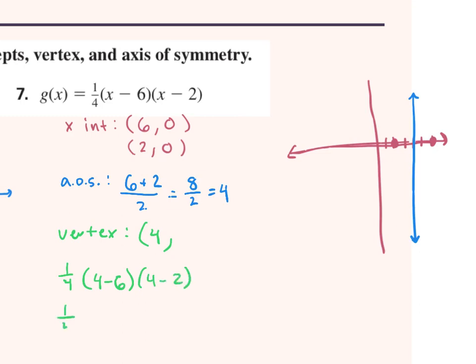So 1/4 times negative 2, times 2. So this would be negative 4 over 4, which is negative 1. So our vertex, we're going to go to the right 4 and down 1. Now we connect all 3 dots with our parabola.